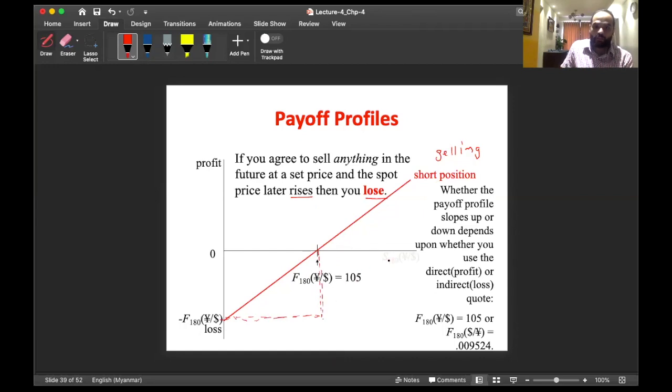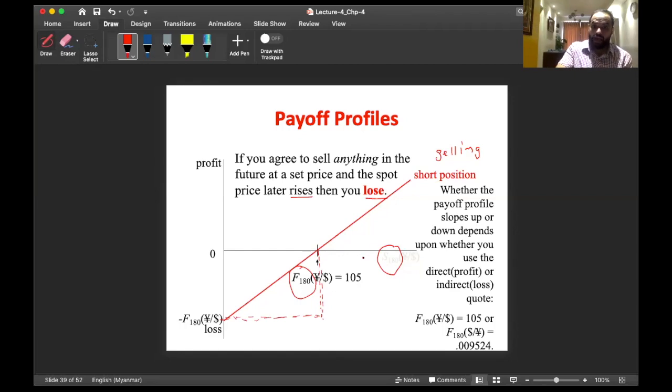Every time you compare the spot price with the forward price. The spot price after 180 days, and the forward price you signed before that date, which is the price you are expecting.